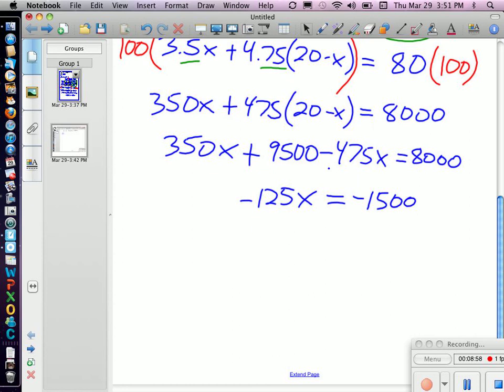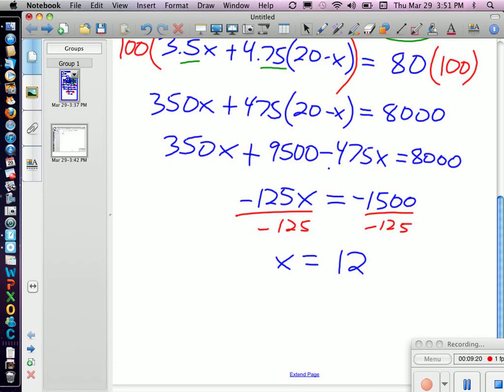And then when we do this division, we get x equals 12.